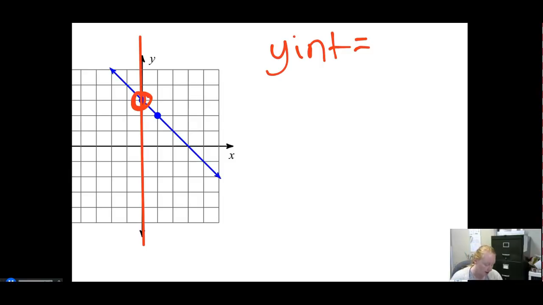It lies at the point 0, 1, 2, 3. We don't usually put those parentheses because a y-intercept will always have an x of 0. So the only important number is the 3.